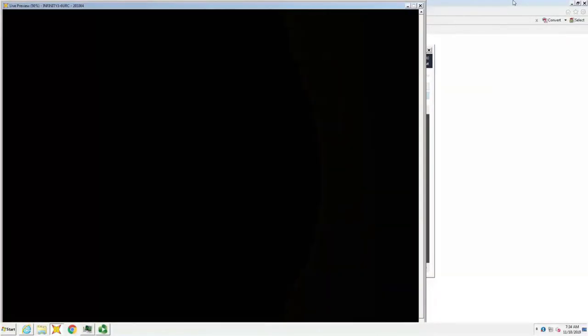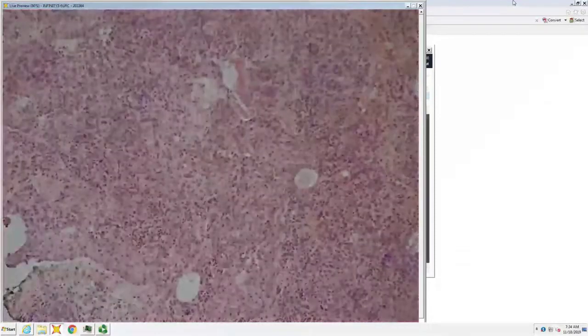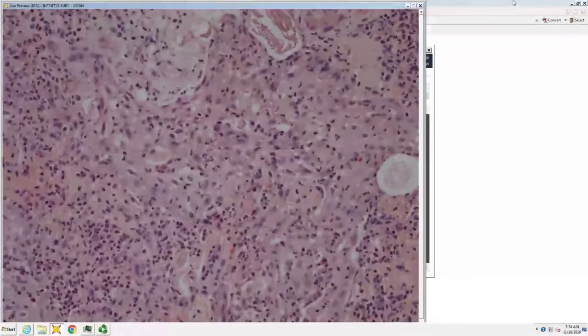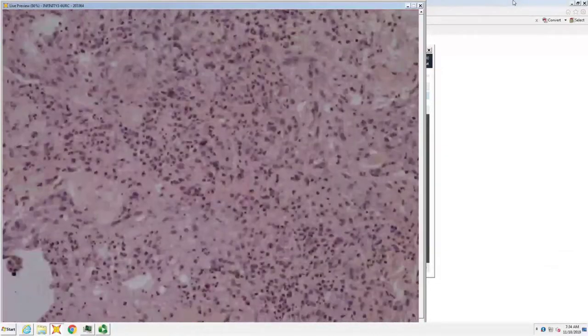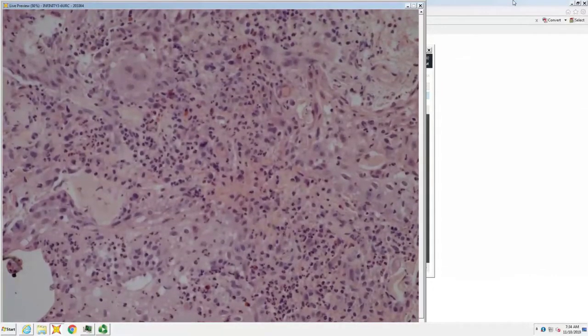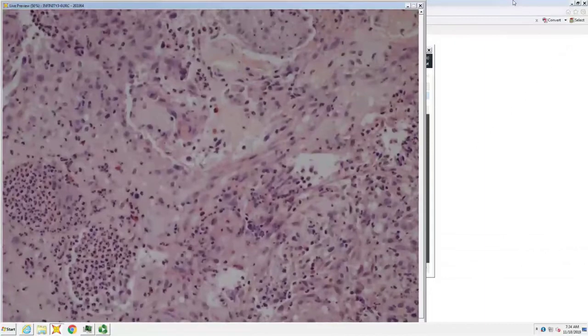So we have mixed inflammation, it's granulomatous and suppurative. So you look in giant cells and suppurative foci to try to find the organism.